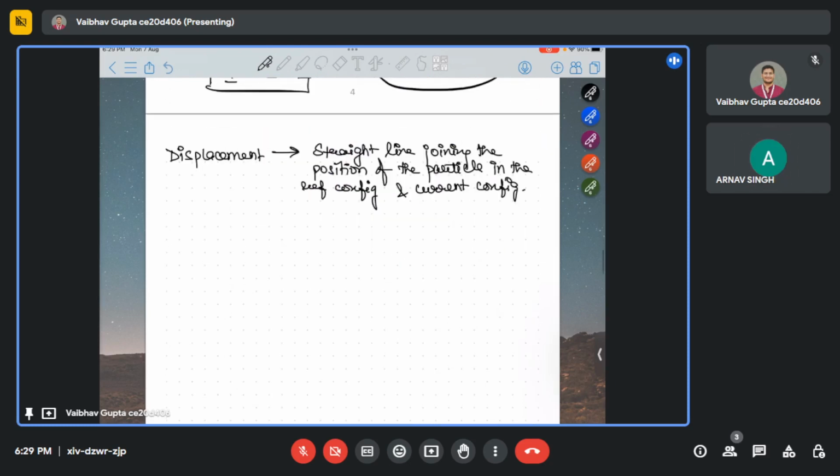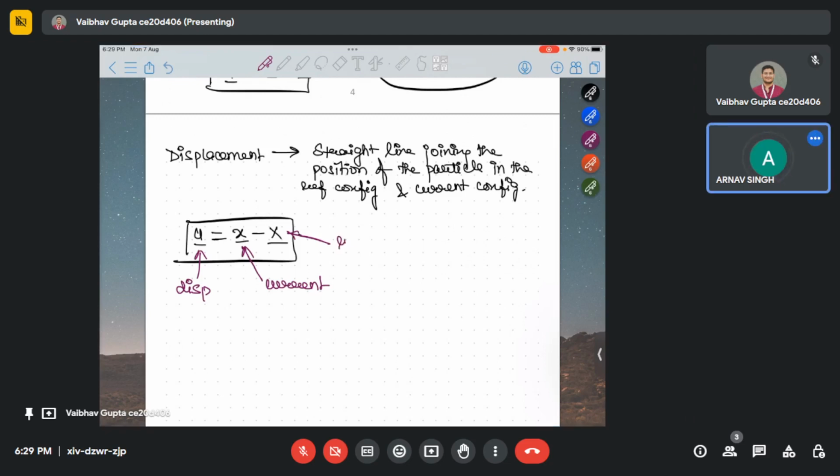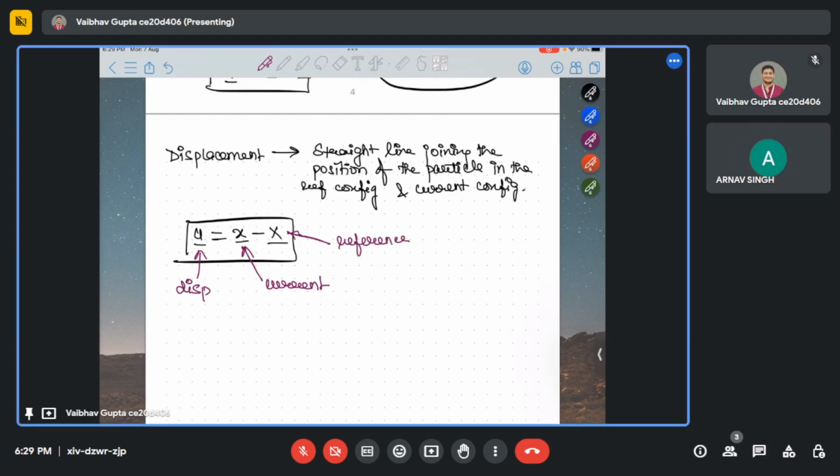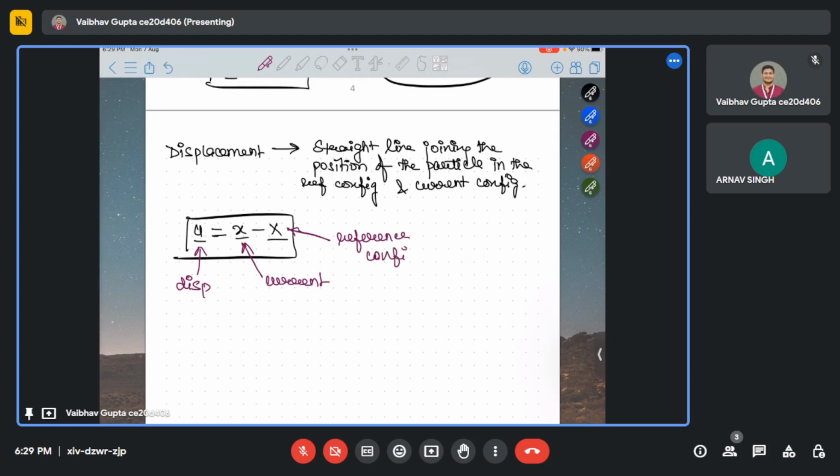So our displacement is nothing but u equal to small x minus capital X. This is the displacement, and this is the current configuration. Remember, all these are vectors. This x underscore means it consists of three components: ex, ey, ez, whatever configuration you are taking. This is the reference configuration.